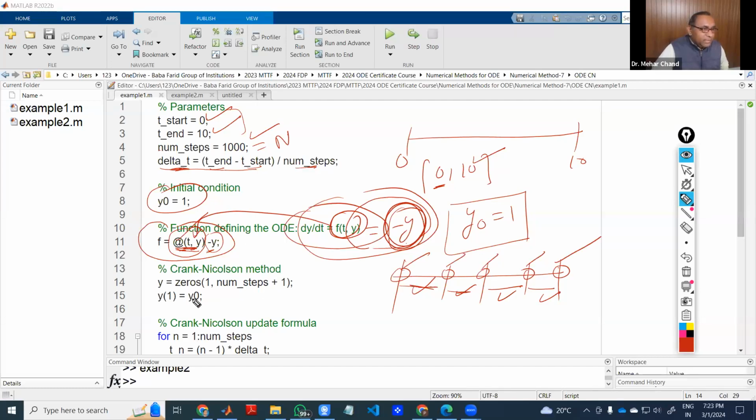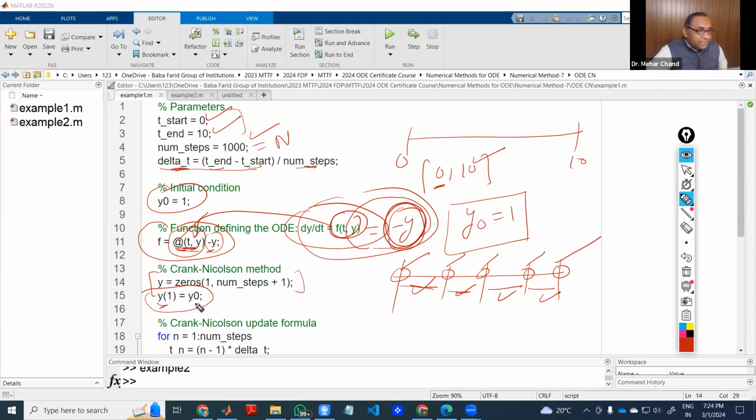So that's why the length of y zeros will be 1 to number of steps plus 1. Everything about this statement was already explained in the previous methods. This will generate only an empty vector, all the elements will be zeros, and these will be updated by using the index.